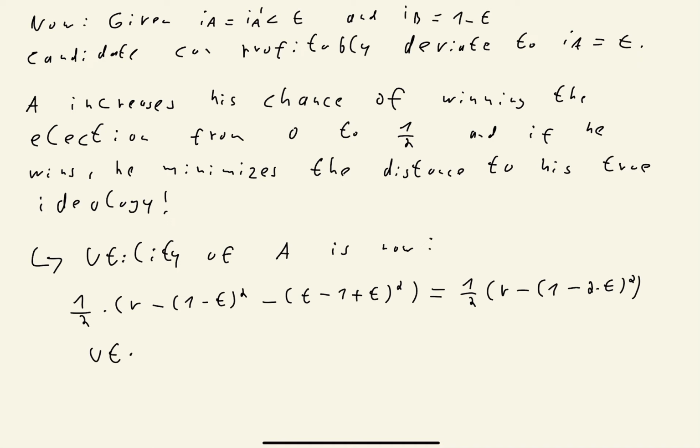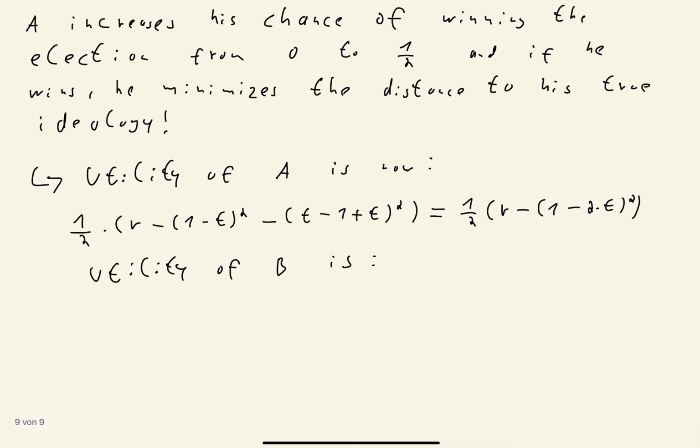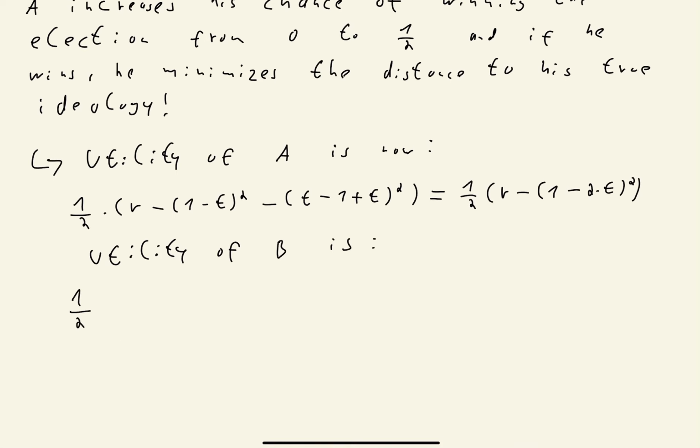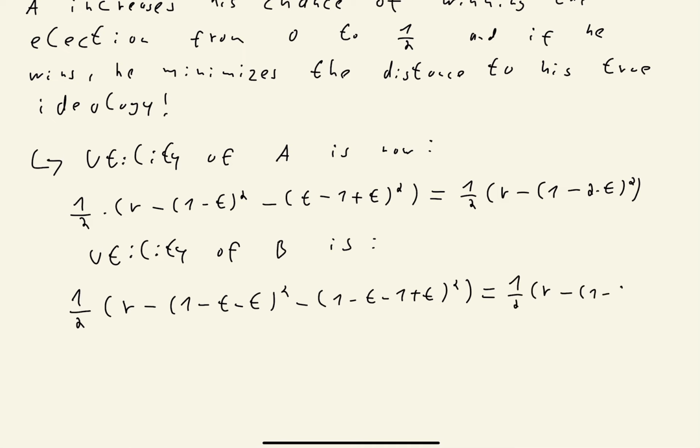And the utility of B is 1/2 times (R minus (1 minus t) to the power of 2) minus (1 minus t minus 1 plus t) to the power of 2, and this is equal to 1/2 times R minus (1 minus 2t) to the power of 2.